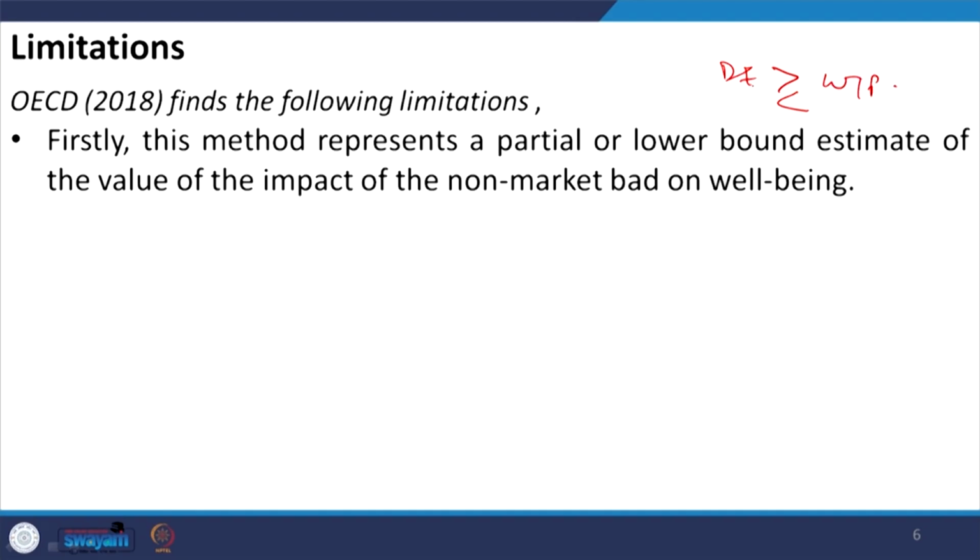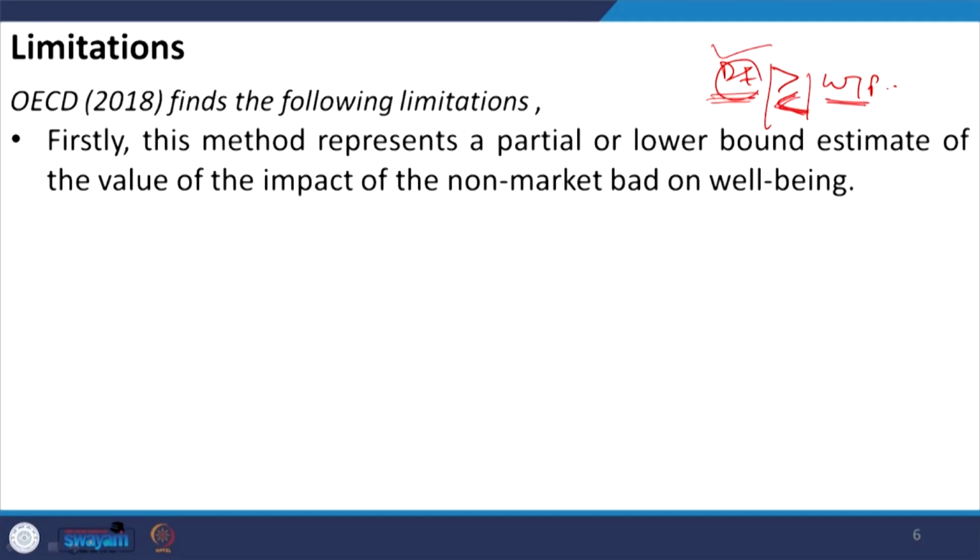And generally, because again this is a revealed preference method, from our own observations from the literature we are finding that although theoretically this is possible, whatever our literature states, or observation states, is that this defensive expenditure is generally less than the willingness to pay, right.